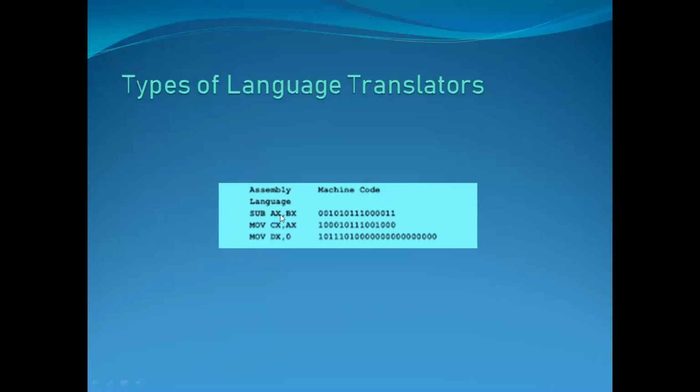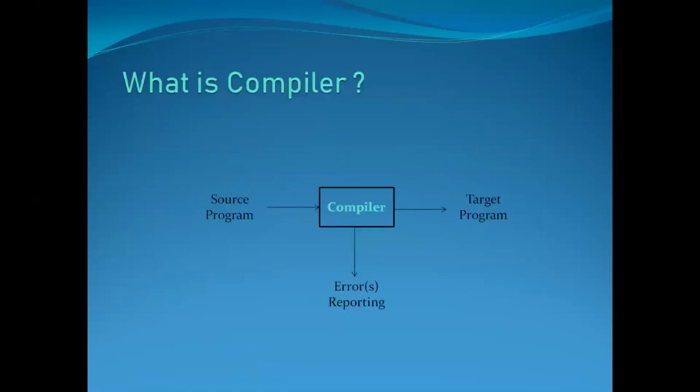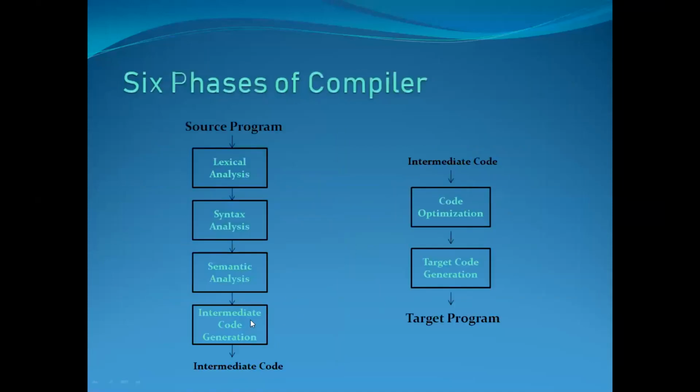So the quality of low-level languages is that there is a maximum of one operation, in addition to the assignment operation. Intermediate code follows this property of low-level languages. In the next lecture, we will see these 6 phases through some practical example. Then you will get more know-how about what an intermediate code is.